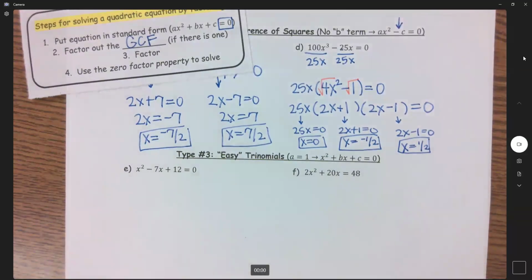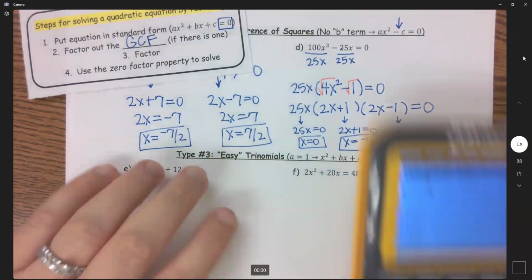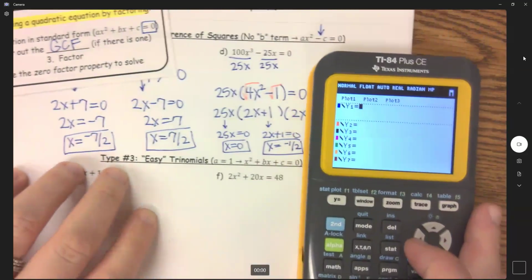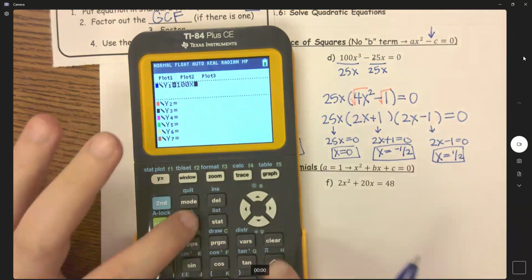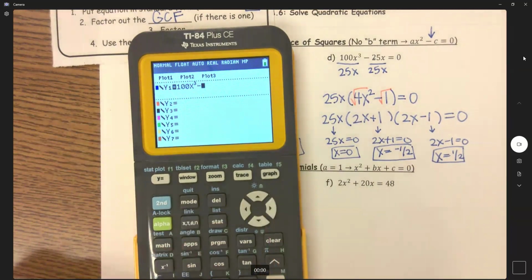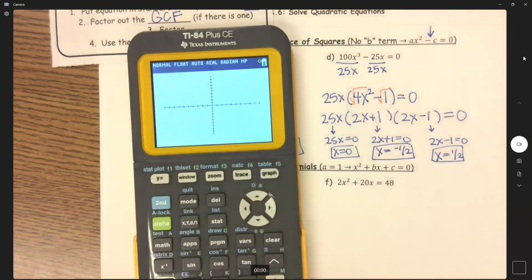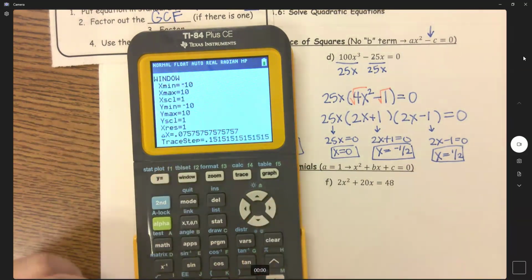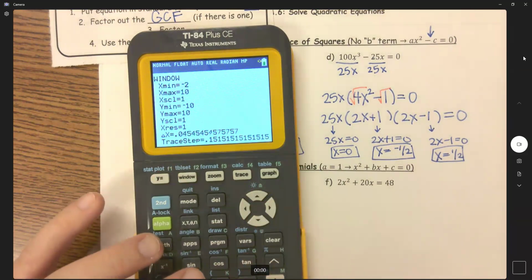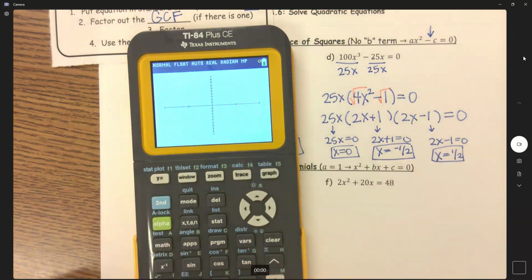So if I check my original problem, we have 100x cubed minus 25x. I'm going to hit graph. So here's my cubic. We're very scrunched in. I'm actually going to go ahead and just change my window here, just so we can get a better look.